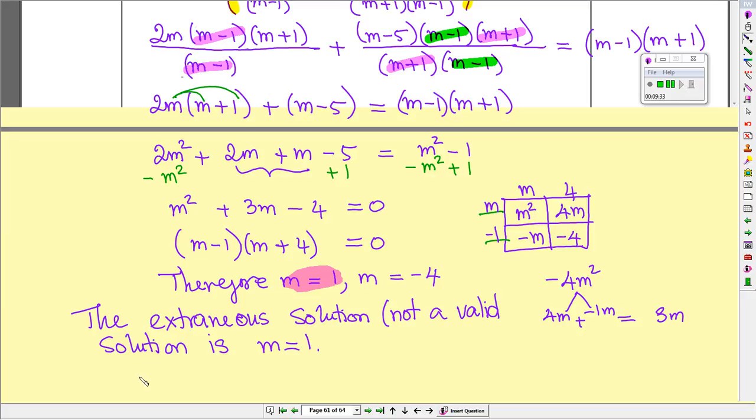So our final answer, our conclusion, is that the solution for this rational equation is m equals negative 4.